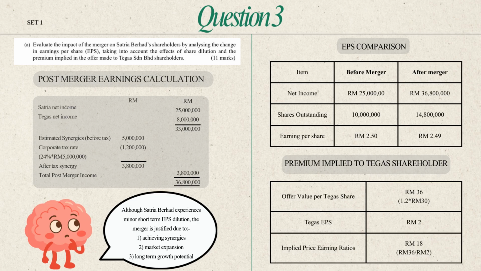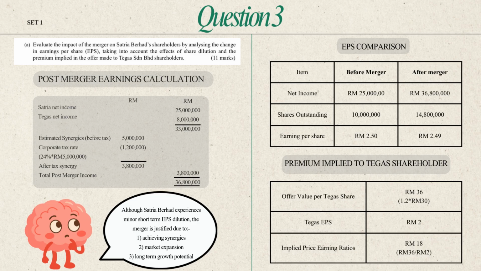Although Satria Berhad experiences minor short-term EPS dilution, the merger is still justified due to: first, they can achieve the synergy; second, market expansion; and third, long-term growth potential. Next, we assess whether Tegas shareholders are receiving a premium. Satria's share price is RM30.